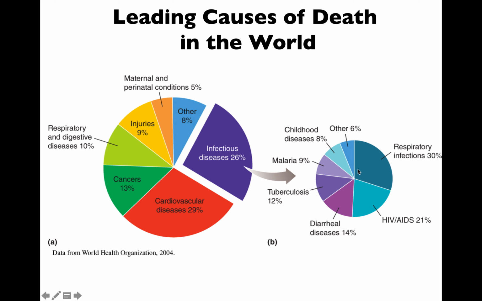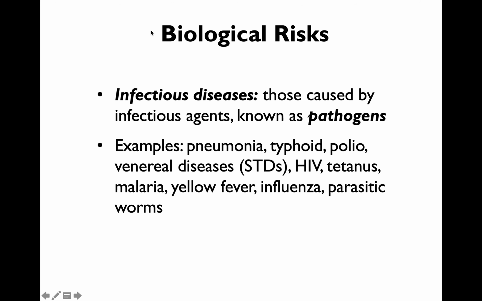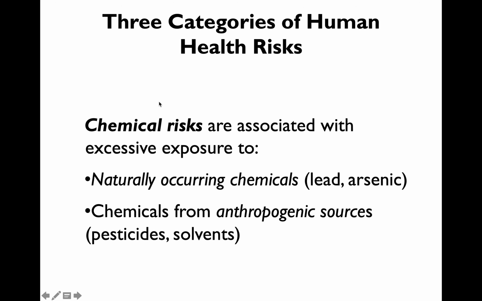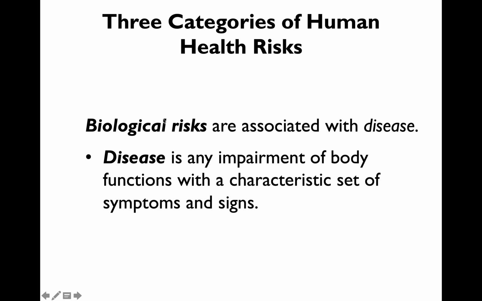And if we break those down, most of them are respiratory infections. That would be your coronavirus type infection. HIV/AIDS is still a pretty high amount, 21%. Malaria, tuberculosis, these are things that we don't deal with in America too often, but they're still very important in other parts of the world. So we're going to be talking a lot about these type of diseases here. So we're really in the realm of biological risks right now.